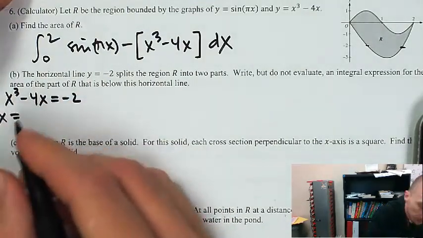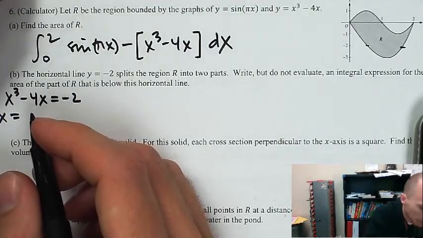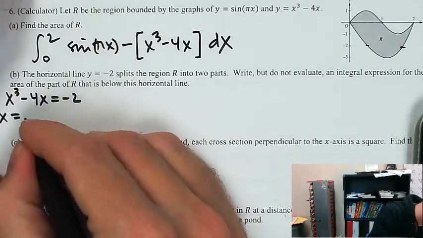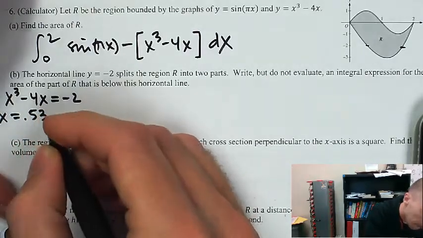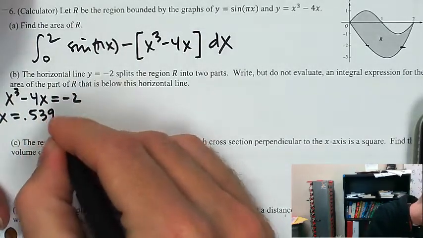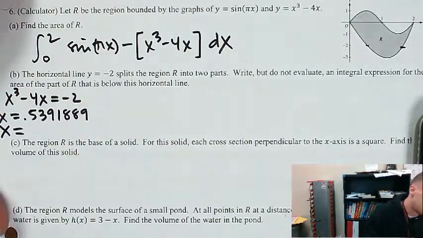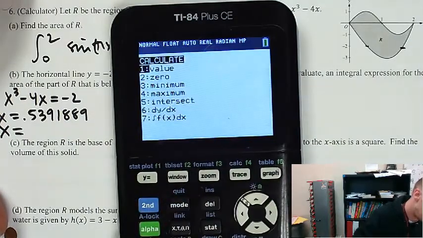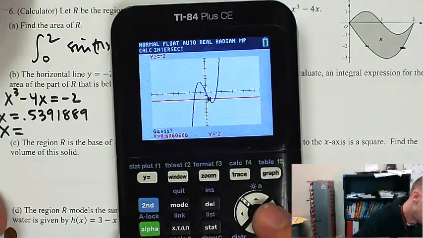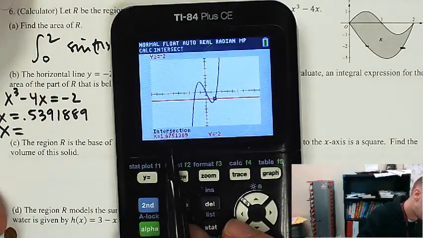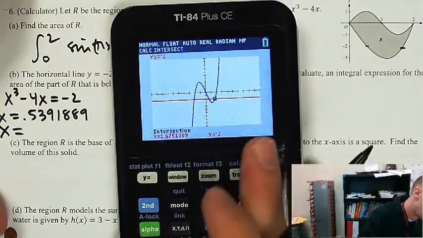And that's going to be first at this x value, 0.5391889, and also at a place that I'm going to have to find in a moment. Calculate the intersection, blue, red, guess over there. That's 1.6751309.